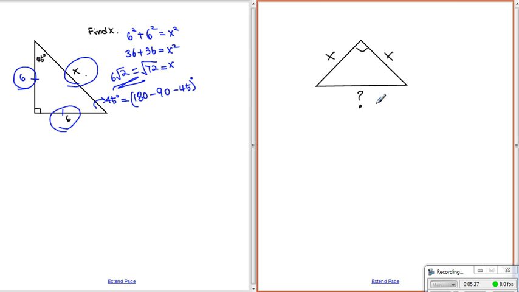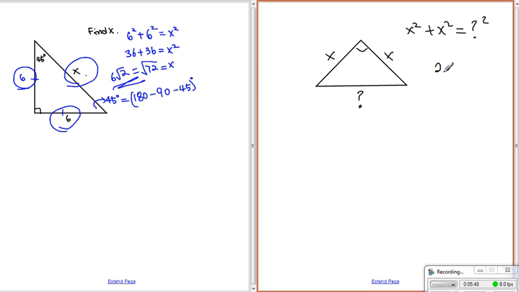What's the relationship? You will realize that this is basically the same kind of question as the other two, where each angle would be 45 degrees. So when we set up the Pythagorean theorem, we will have x squared plus x squared equal to question mark squared.